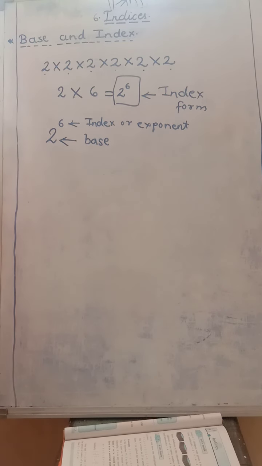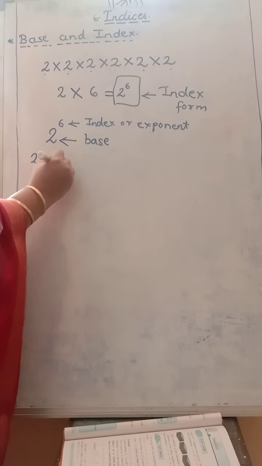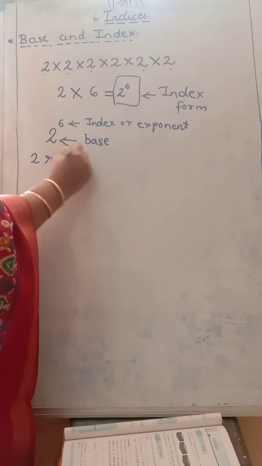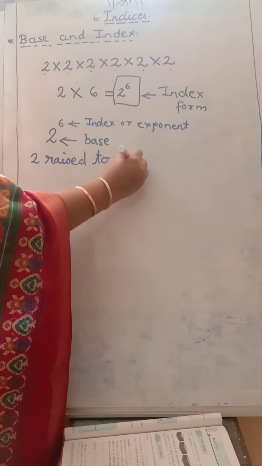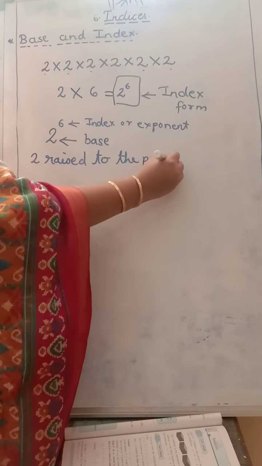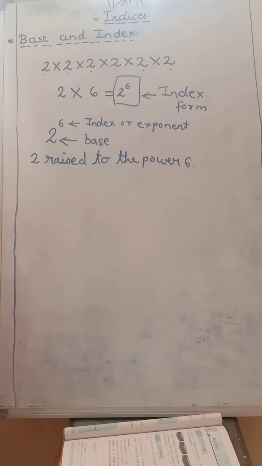Now we will see how to read this number. There are 3 ways of reading the number. Pay attention. We can read it as 2 raised to power 6. Means how much time are we taking to 6 times. So this is the power.